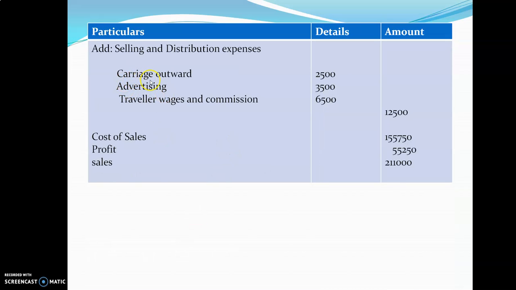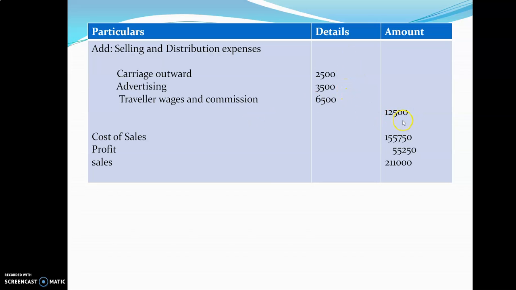Here should be the showroom rent, then advertising, then salesman salary and commission. I have given you like this. These expenses can also come, but in the question it's given showroom rent, then advertisement, then salesman salary and commission. So adding the selling and distribution overhead, we get 12,500. That is the total of selling and distribution overhead.